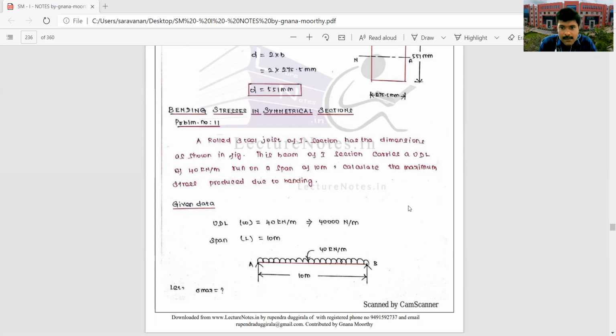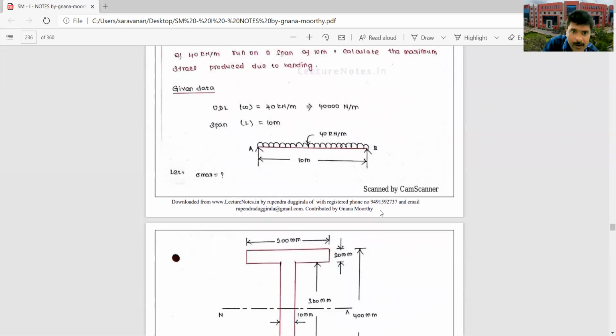The I section is given in the problem. It is a simply supported beam subjected to a uniformly distributed load. The uniformly distributed load given in the problem, W, is 40 kilonewton per meter, which means 40,000 Newton per meter, and the length of the beam L is given as 10 meter.